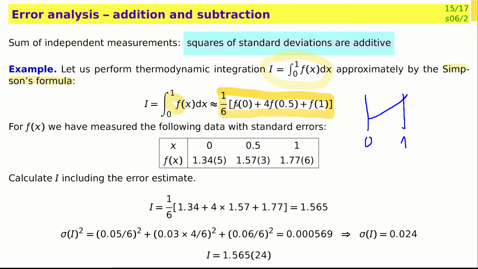Good. And let these functional values have been obtained by simulations, perhaps by some Monte Carlo integration or whatever. And these are the results from x is 0, here, here, and here.